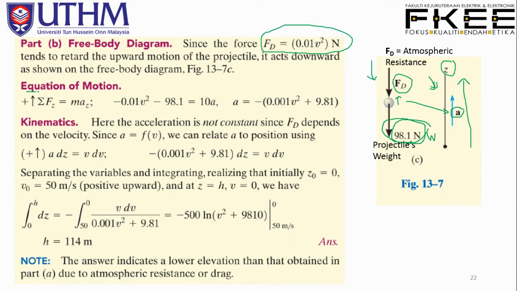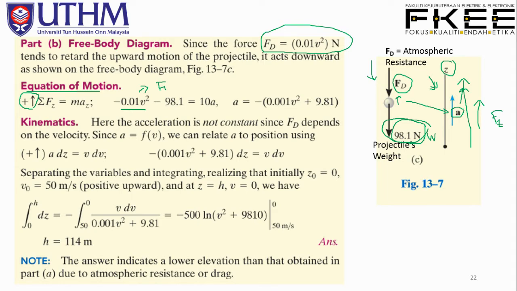So equation of motion. Again, we define upward as positive. Total of Fz, the Fz over here in the Z position, for example. All right. So again, upward, this is equal to M and A, this is A in the Z direction again. And then this is actually the Fd value. Okay, this is Fd.